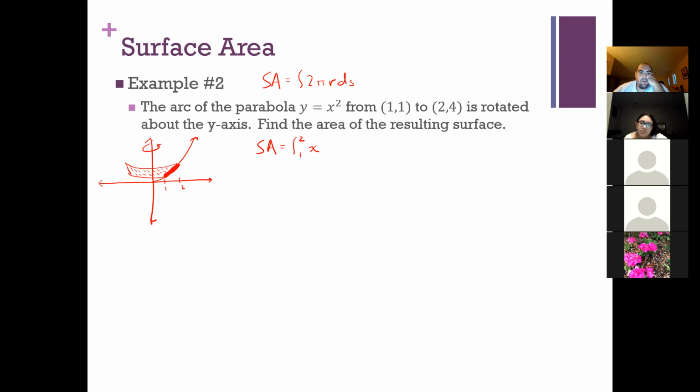All right, so, oh, I left off something very important. So 2 pi x ds, or the ds is, we are dealing with x as the independent variable, so I want to call this the square root of 1 plus f prime of x squared. What is f prime squared?